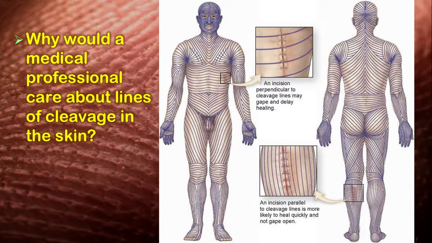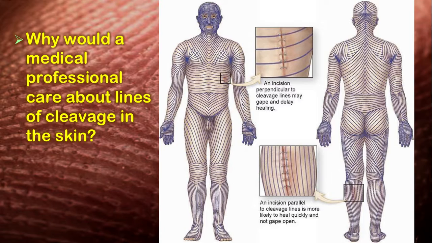Okay. If you cut and make an incision perpendicular to those cleavage lines, so we cut this direction, the collagen fibers that are running this direction are going to pull this way. And so it's going to take more effort to close up that wound. And as it's healing, it's going to want to pull apart. So it's going to take longer to heal.